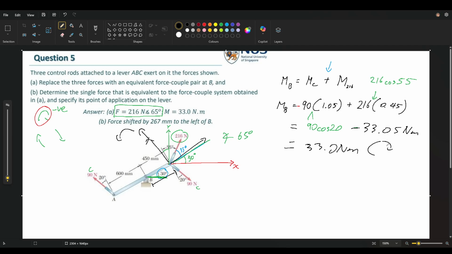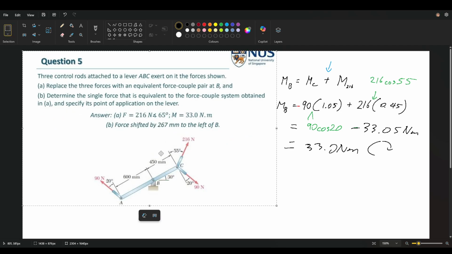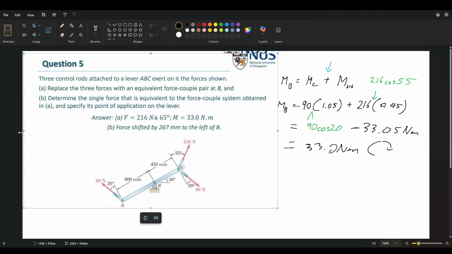So now, part B. Determine the single force that is equivalent to the force couple system obtained in A, and specify the point of application on the bar. What does this mean? This basically means that I'm just going to yeet, whoa, so clean. Okay.